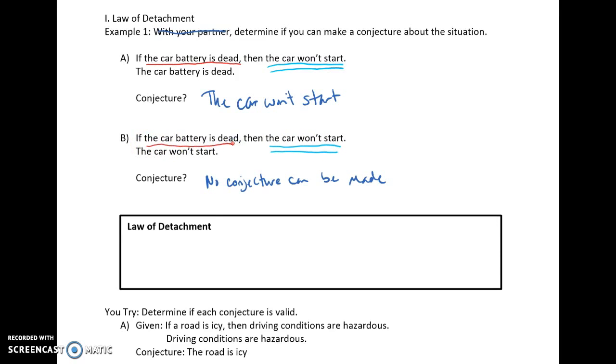Now what changed was the statement. The additional information we're given in A is the hypothesis again, versus the additional information we got in B was the conclusion. So you can see if we are given the hypothesis, we can make a conjecture. But if we are not given the hypothesis, we can't make a conjecture. And that is the law of detachment.